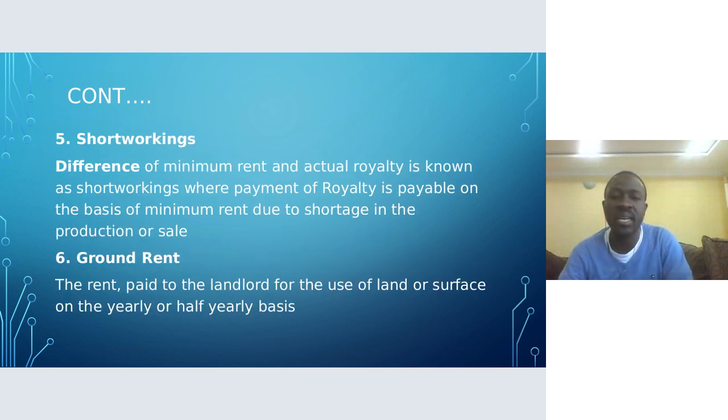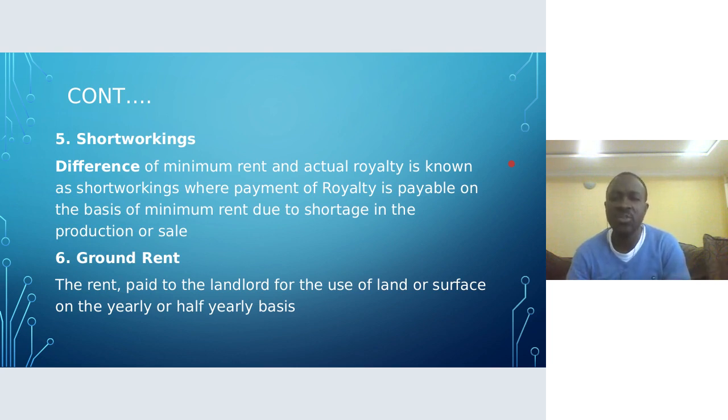And our next term is short workings. Remember we have talked of the minimum rent. The short workings is the difference between the minimum rent and the actual royalty.